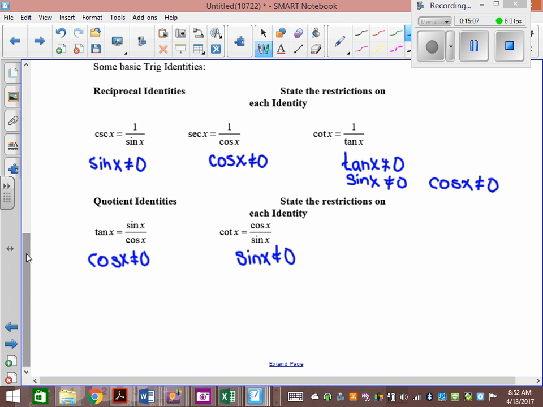So it's just whatever's in the denominator, right? Often they go more so with having sines and cosines in the bottom than tans in the bottom. Because if you have a tan in the denominator, you have to state both. But if I had just cotan, then I'd have to state sine, which is confusing, right? So often they don't use the cotan version because you could find it two different ways, which would be correct.